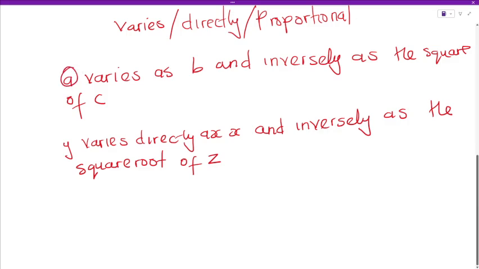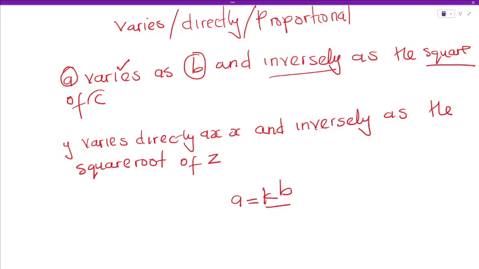Given that A, you write your A. Varies, you add an equal sign, you add a K there. As what? As B, you add a B to the K. And inversely, whenever you see the word inversely, you underline the values on the right side of the equal sign, as the square of C. That simply means C squared. This is going to be the formula for that particular question.